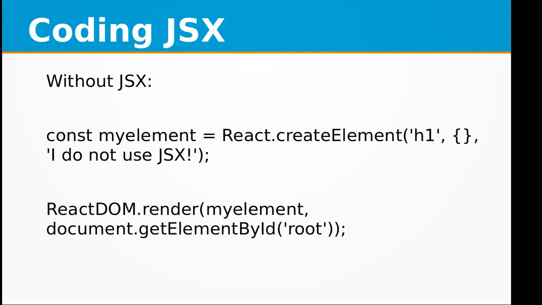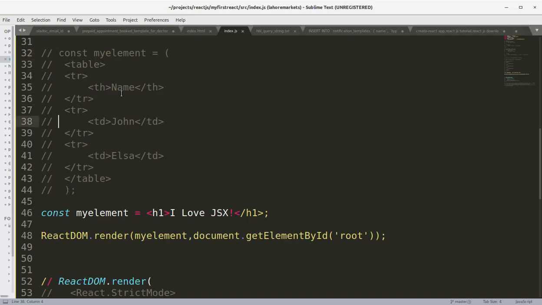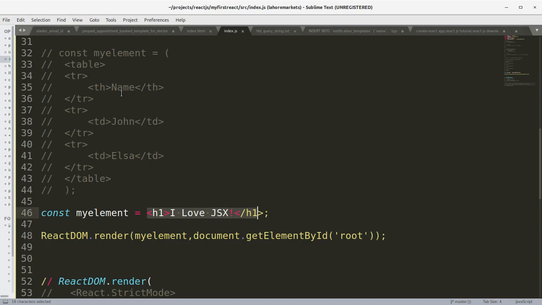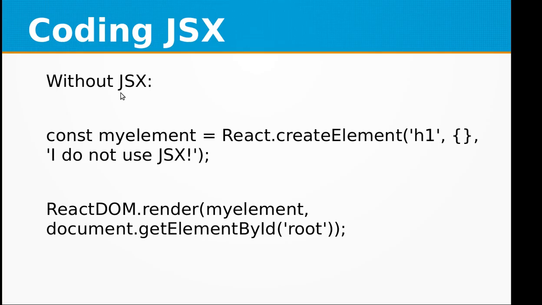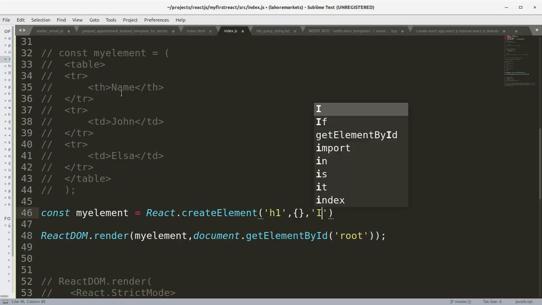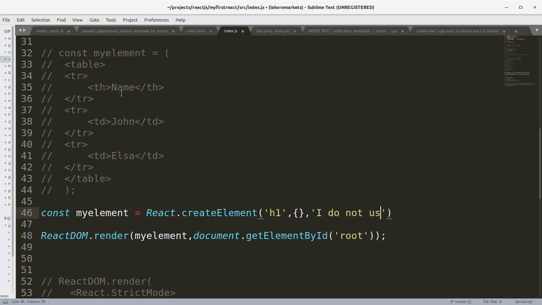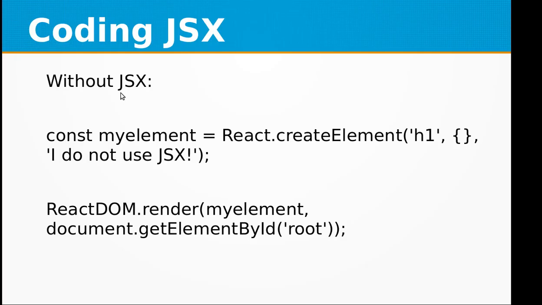Now let's look at an example without JSX. So let's create a constant variable my element, but this time we are going to use a React.createElement method, and we are going to first pass the HTML tag we are going to use, and that is h1, and then empty curly braces and the content we want to show within the h1 tag: I do not use JSX.